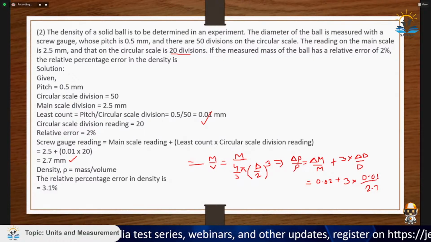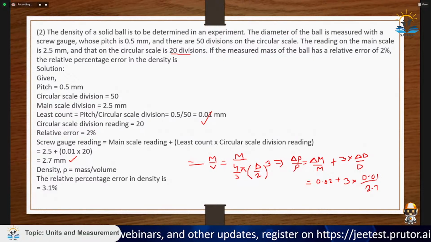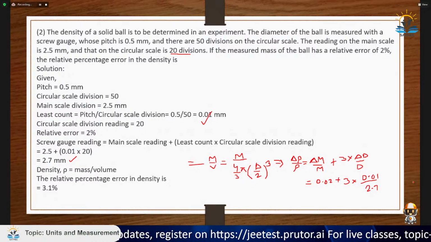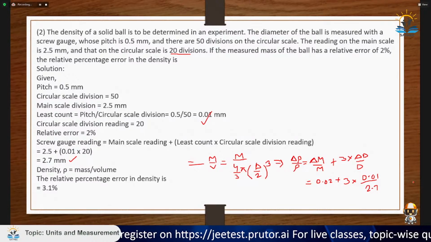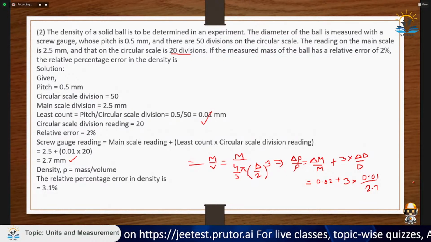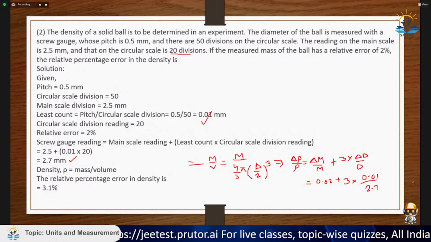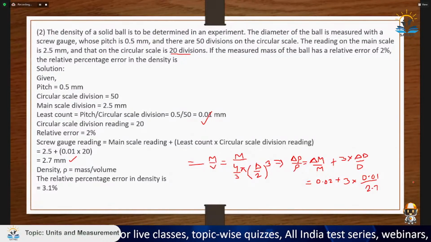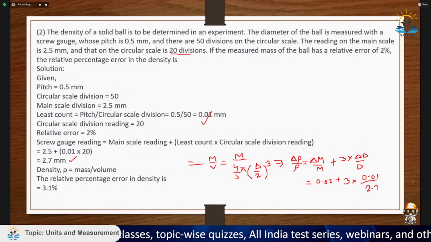Okay, so from here what will I get? Let me check it. 0.01 divided by 2.7, into 3, plus 0.02.